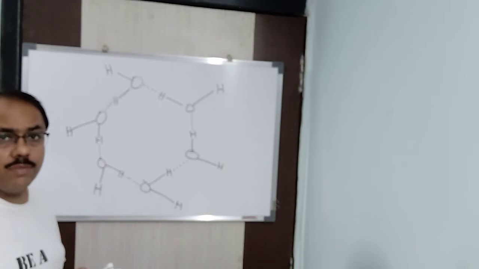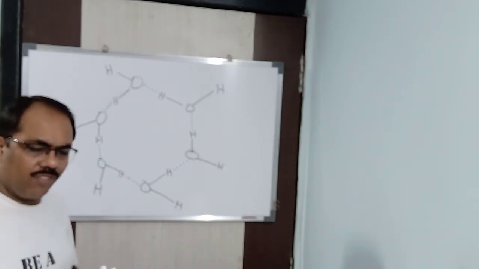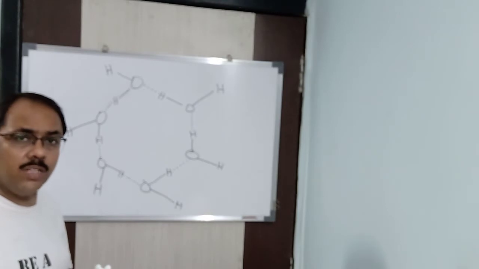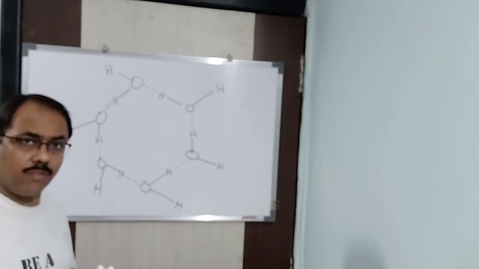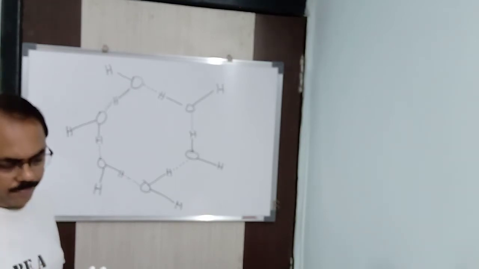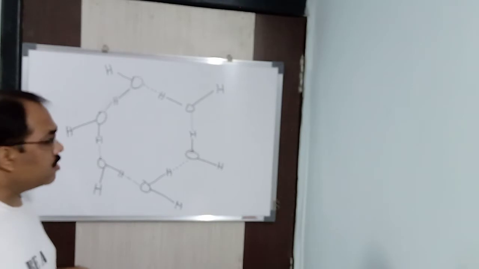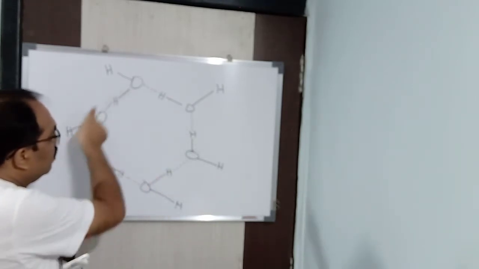Water behaves differently compared to other liquids. Generally, when a liquid is cooled, the volume decreases. But when water is cooled below 4 degrees centigrade, its volume increases. Why does the volume increase?